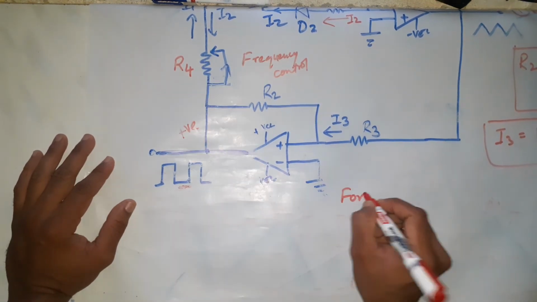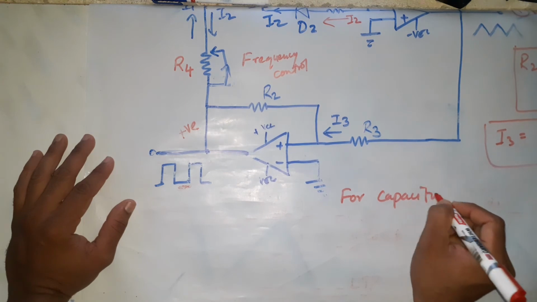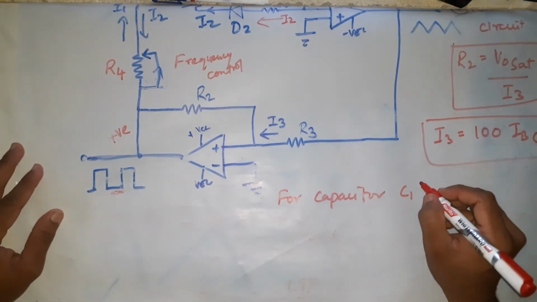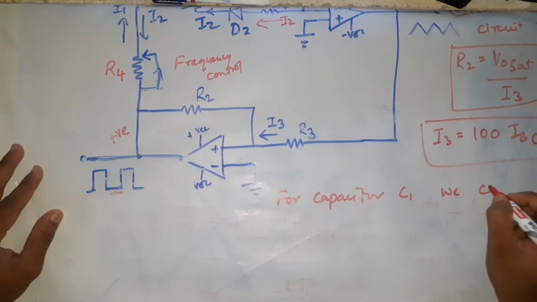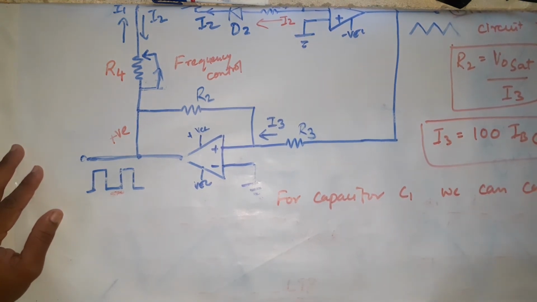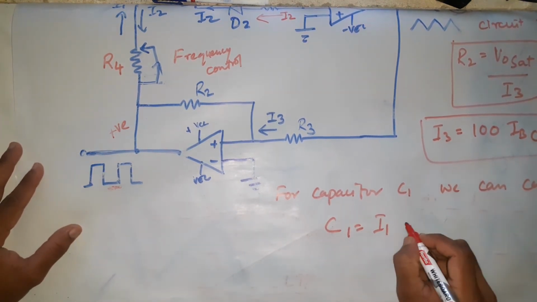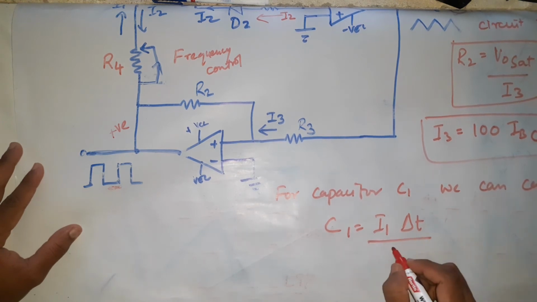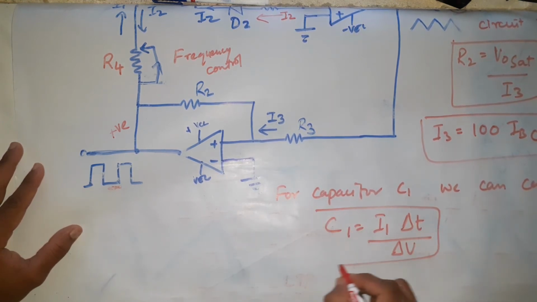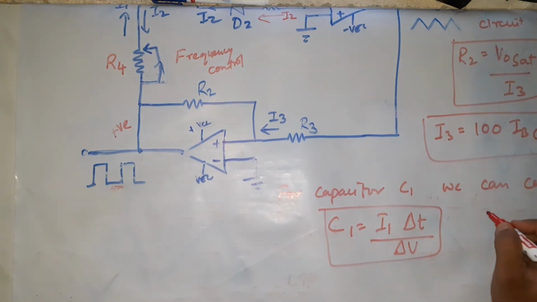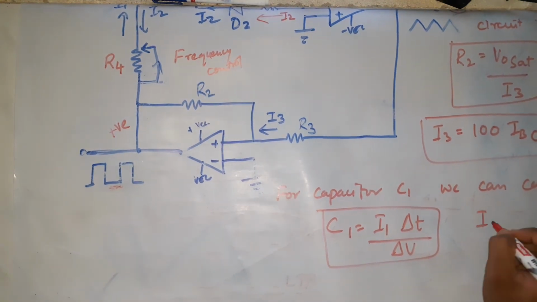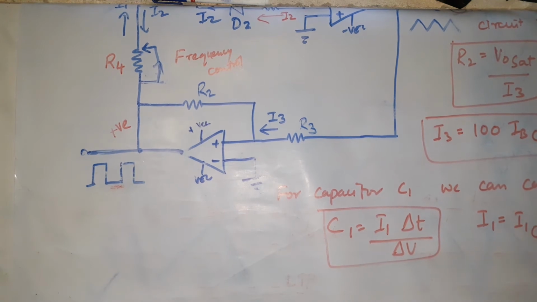For the integrator, capacitor C1 we can calculate as C1 equal to I1 times change in time divided by change in voltage, where I1 is I1 minimum, which is approximately equal to IB max.